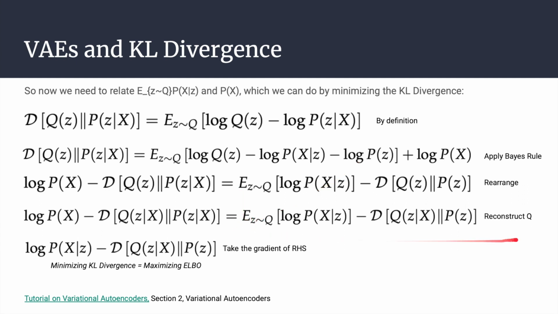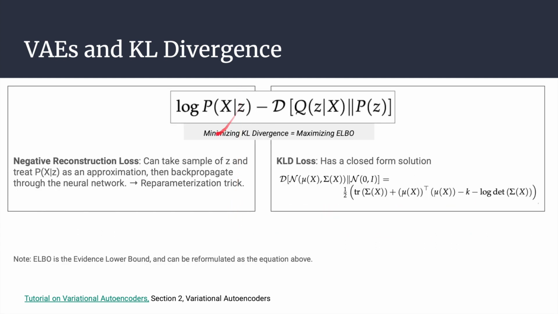So we're going to be trying to minimize this equation now, which is a lower bound on log p of x. So minimizing KL divergence, maximizing ELBO.